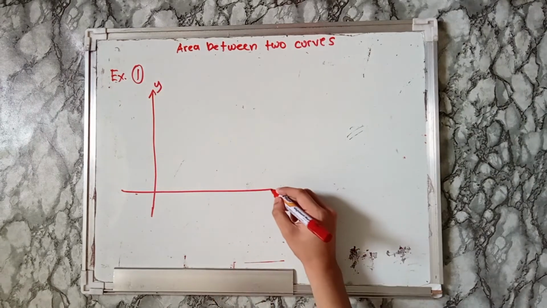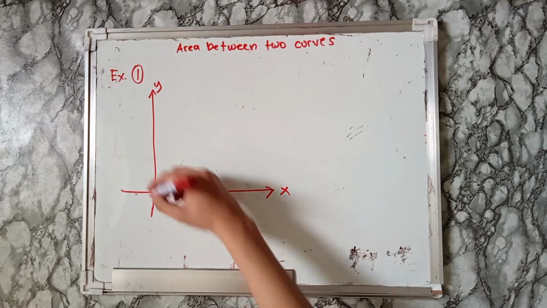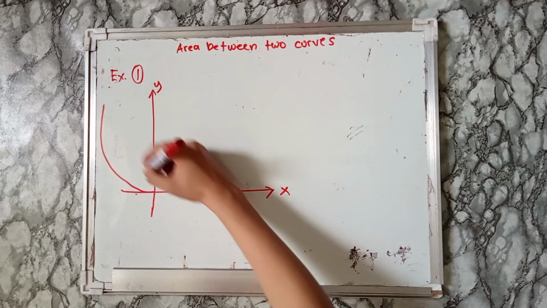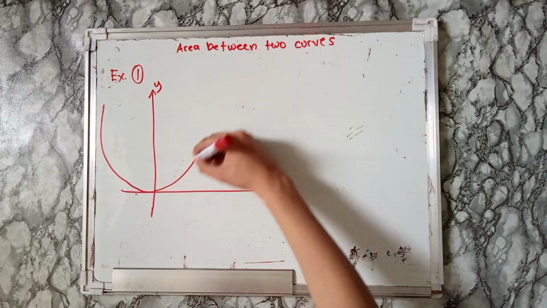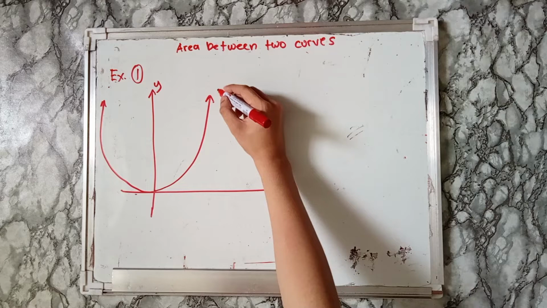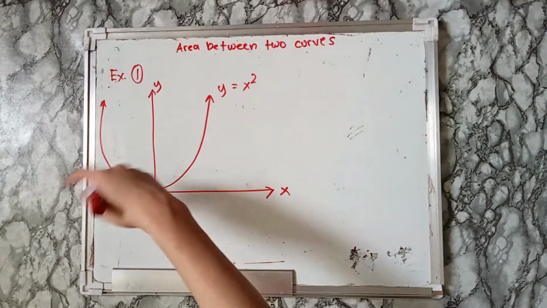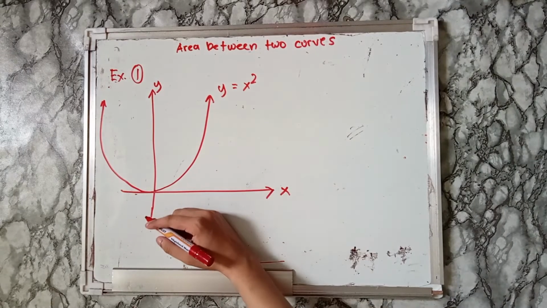Let's say we are given a graph. Let's say a parabola opening upward. So this is just y is equal to x squared. So x squared is just a parabola opening upward.